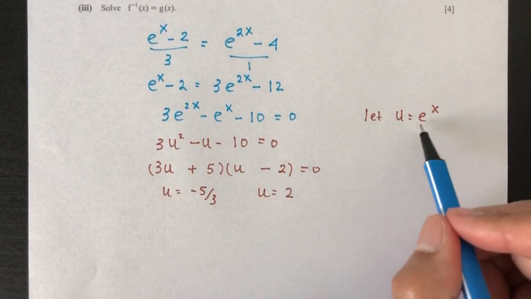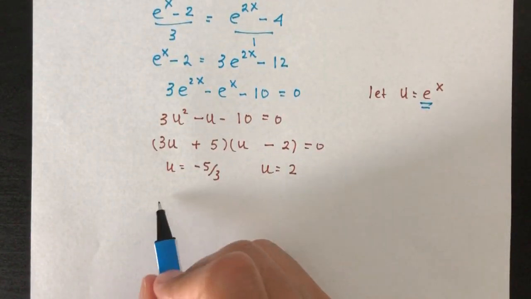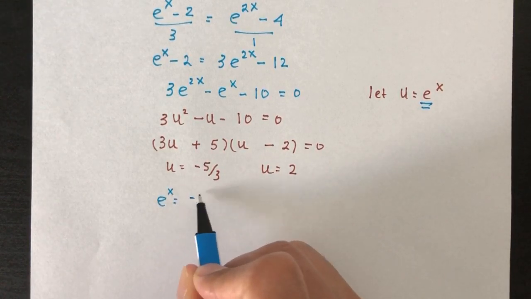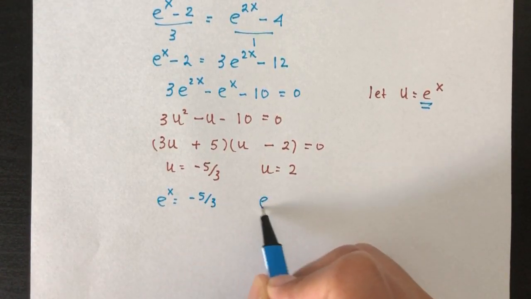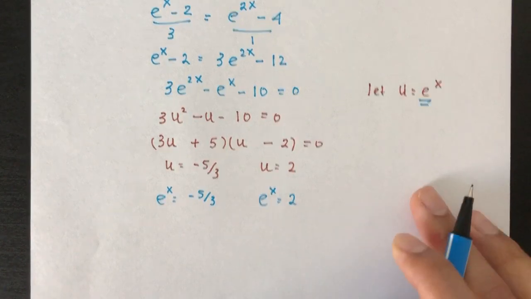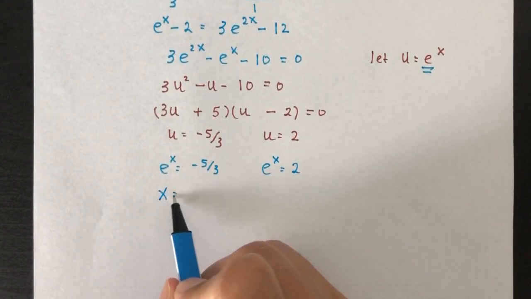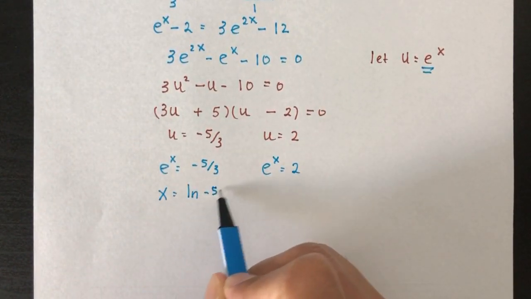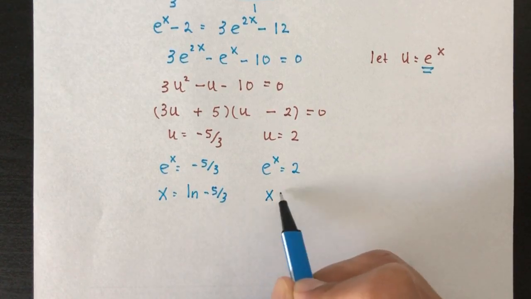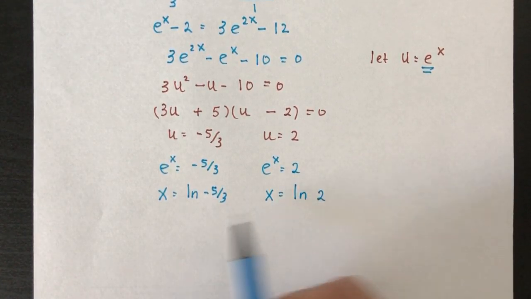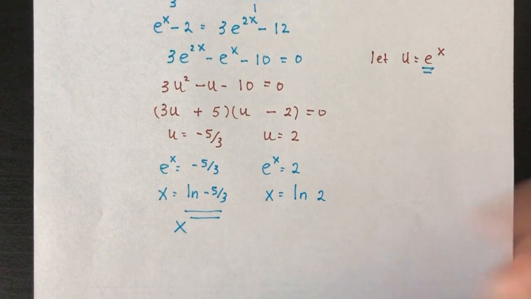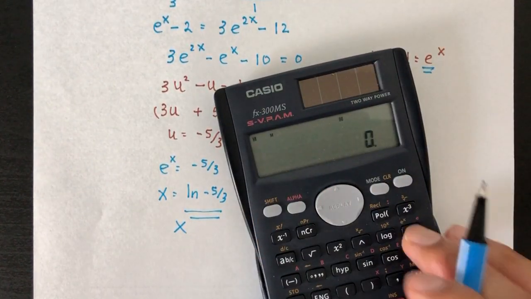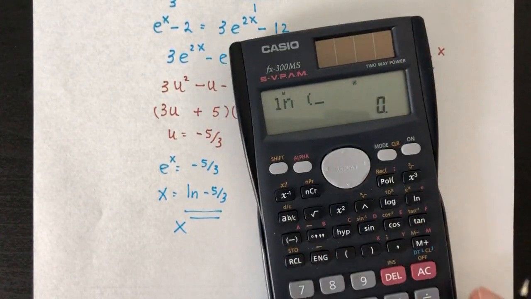But now we have to find the value of x, so we know that e^x is minus 5 over 3, or e^x is equal to 2. So x will be ln of minus 5 over 3, or x will be ln of 2. This one will not be possible, because ln cannot take a negative value.